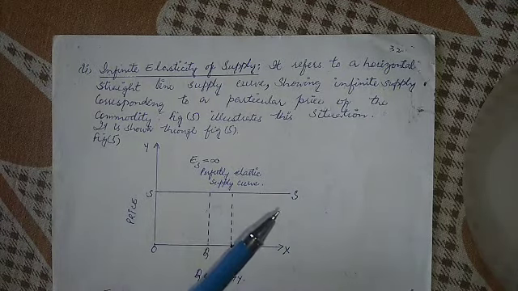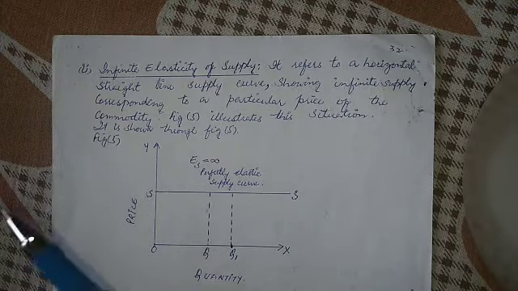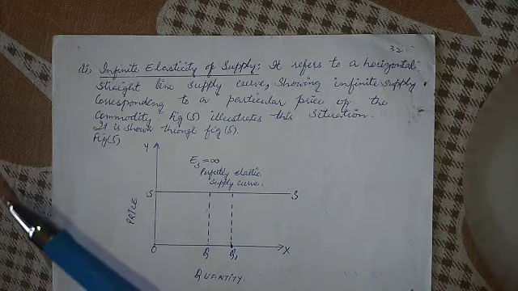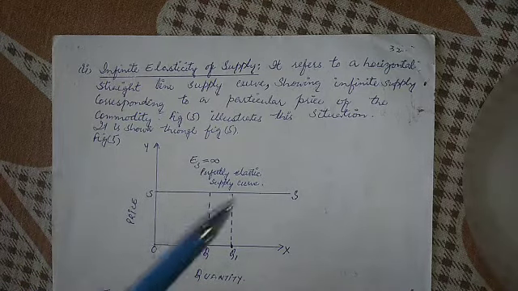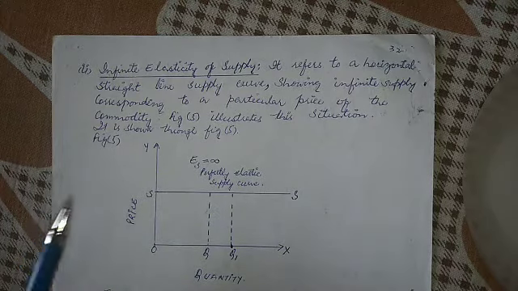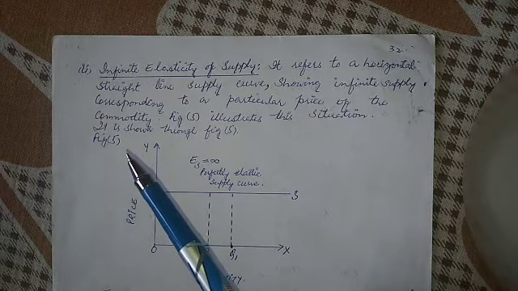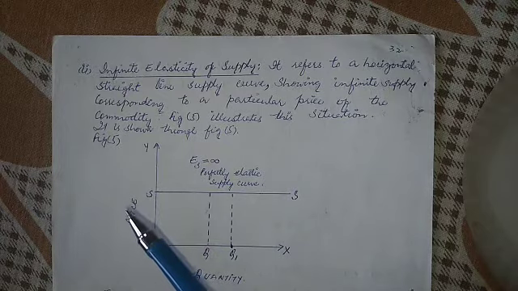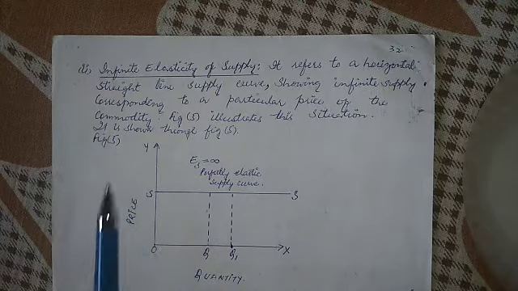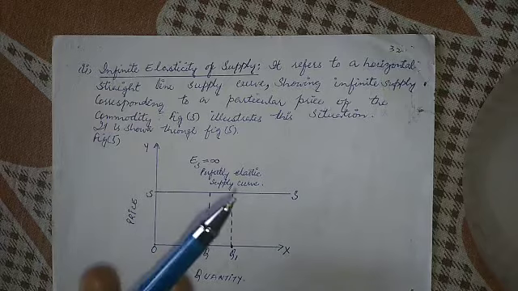It reduces to 0. In fact, supply curve ceases to exist even when the price is slightly reduced. So we can say that elasticity of supply is infinite. Even a minute change in price will cause an infinite change in quantity. If the price falls from OS, the supply of the commodity reduces to 0.